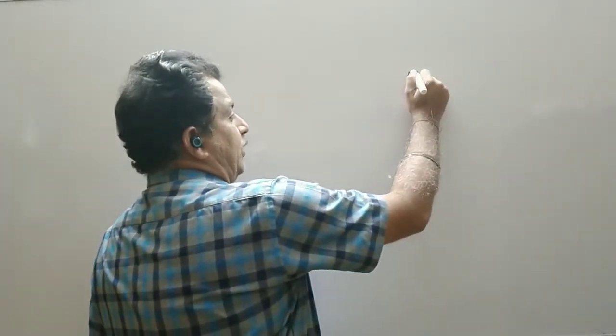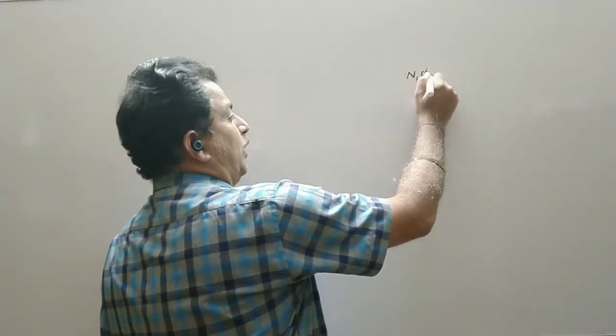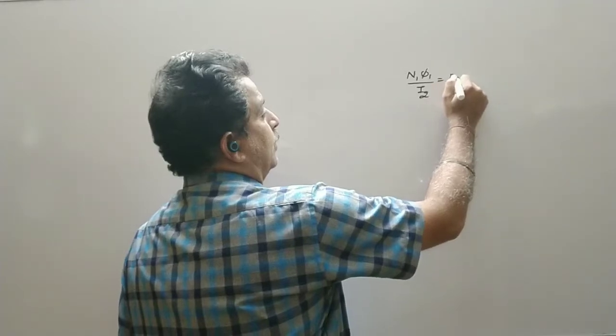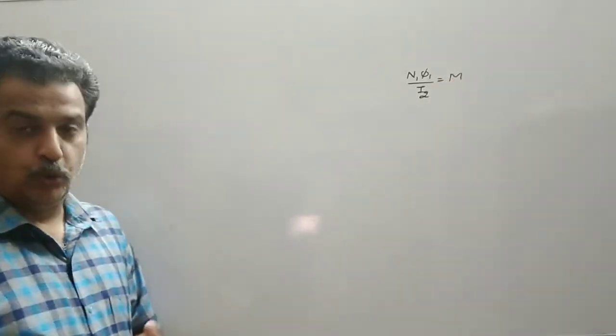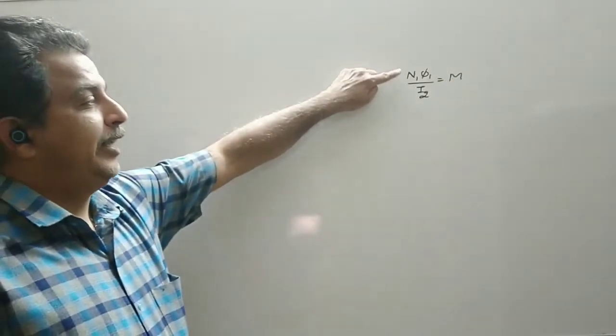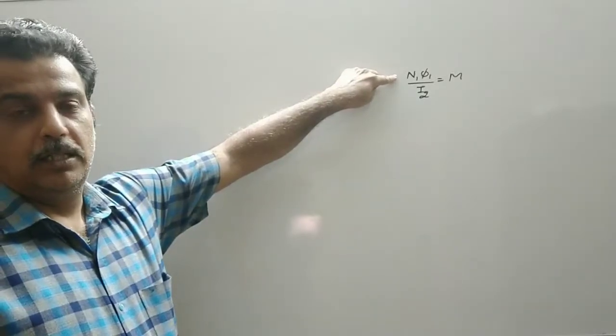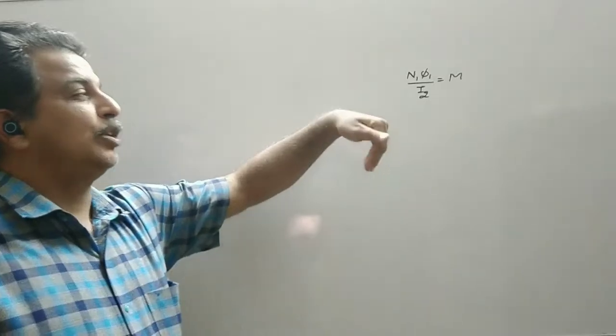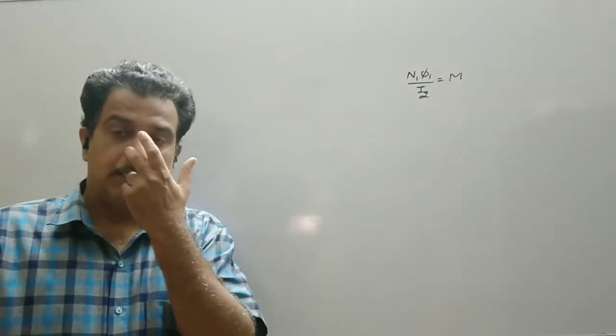So one definition that we derived was that mutual inductance was equal to the ratio of the total magnetic flux linked with any one coil of the system of two coils when the current was passed through another coil.